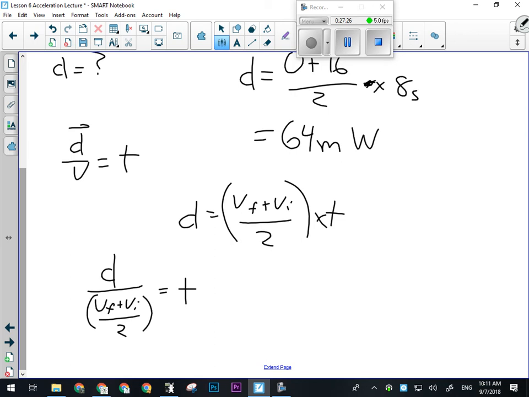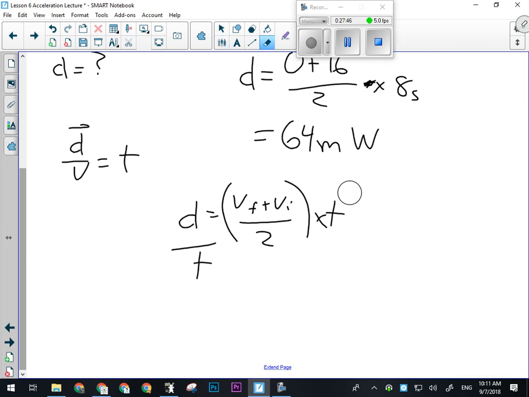Okay. All right. What if I want to solve for VF? What should I move first? If I want to solve for VF. Yeah, I should divide by t. All right, so I'm going to bring t over here first. All right, now t is gone. Do I need the brackets anymore?